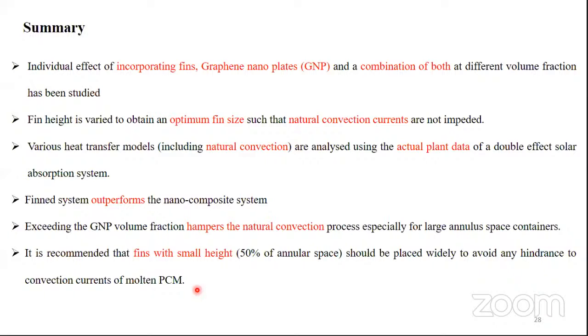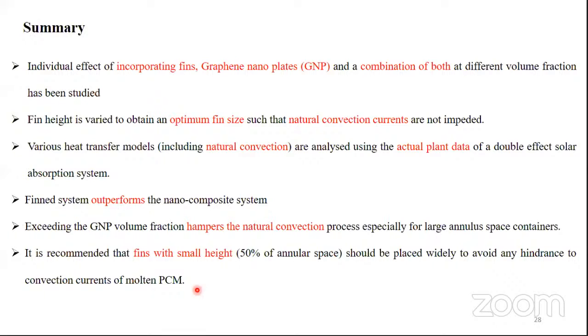There are various heat transfer models, including natural convection, which are analyzed using the actual plant data for this double effect solar absorption cycle. Now, when we are studying the combination of fins and the graphene nanoplatelets, it is seen that fins outperform the nanocomposite system.